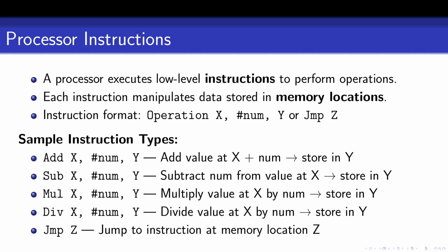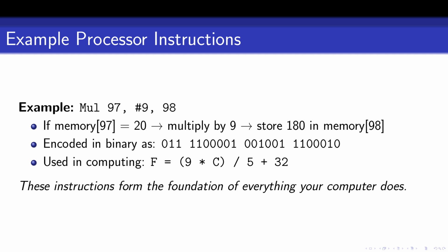There are commands to add, subtract, multiply, divide, and jump to another instruction in memory. For example, mul 97, 9, 98 means multiply the value in memory location 97 by 9 and store the result in location 98. These instructions are usually represented in binary, like a series of zeros and ones.